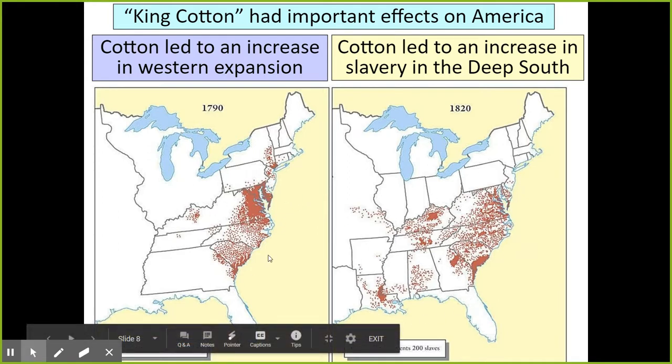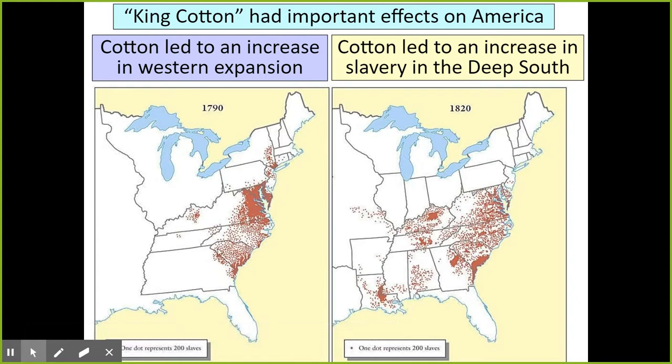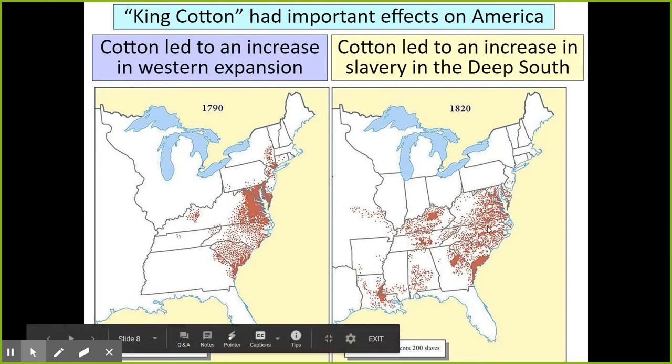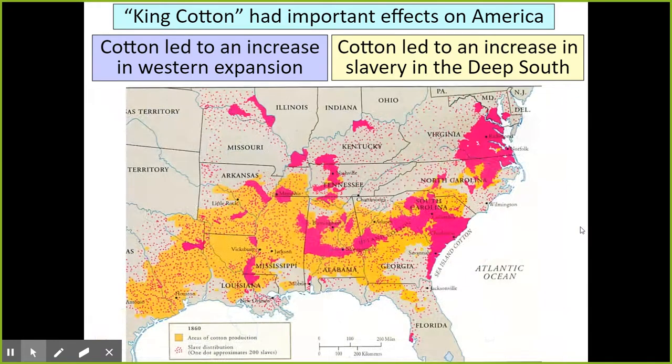We see strong concentrations of slaves in the 1790s and 1800s. By 1820, a lot of those slaves have been sold or loaned to new plantations farther west. So cotton helps to spread population.